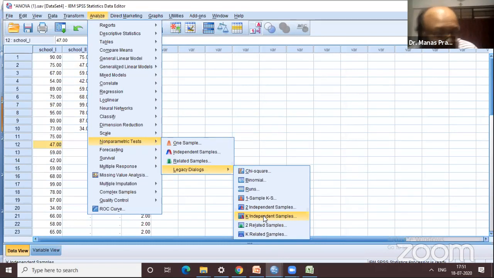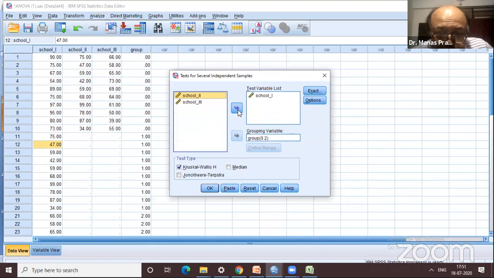K independent samples means the samples should be independent, not related. We put the test variable here, school one, because I have put all the values in the school one variable. And the identification variable I put here in grouping variable.